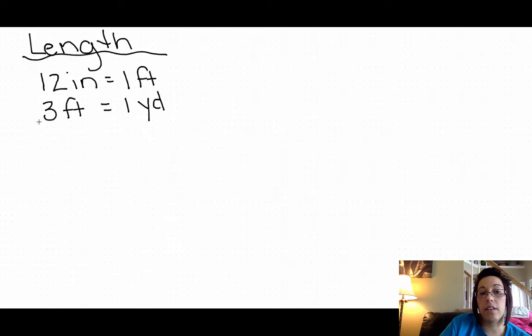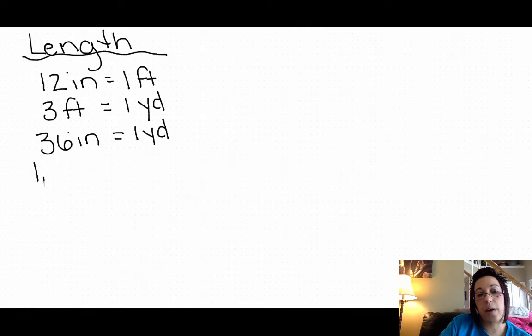So that means to find out how many inches are in 1 yard, I would take 12 times 3, so 36 inches would be in 1 yard.